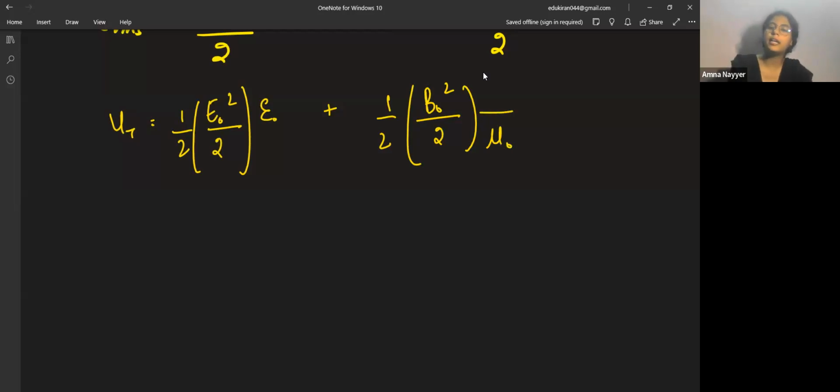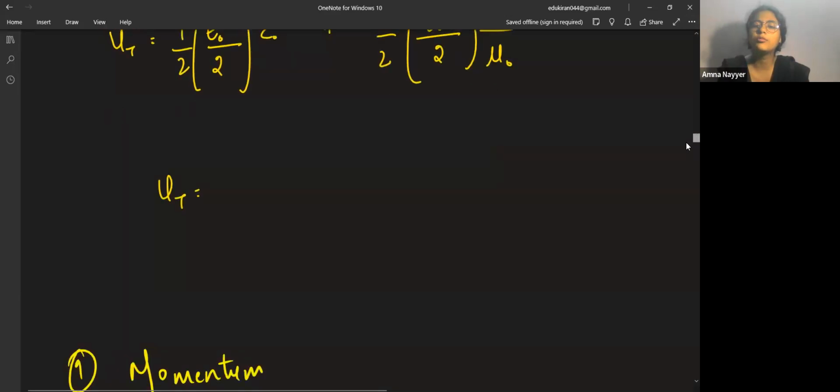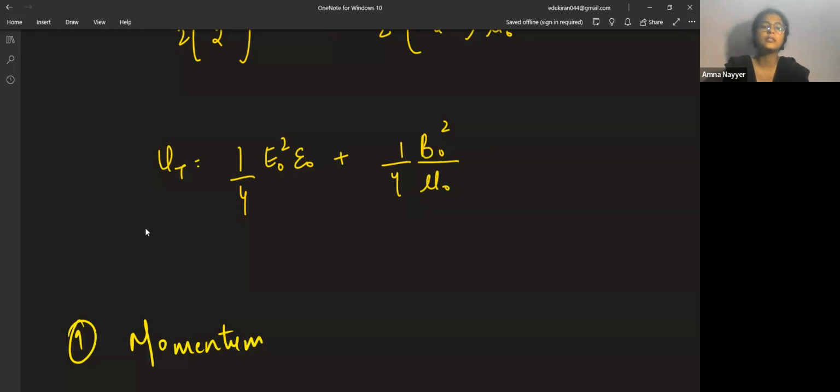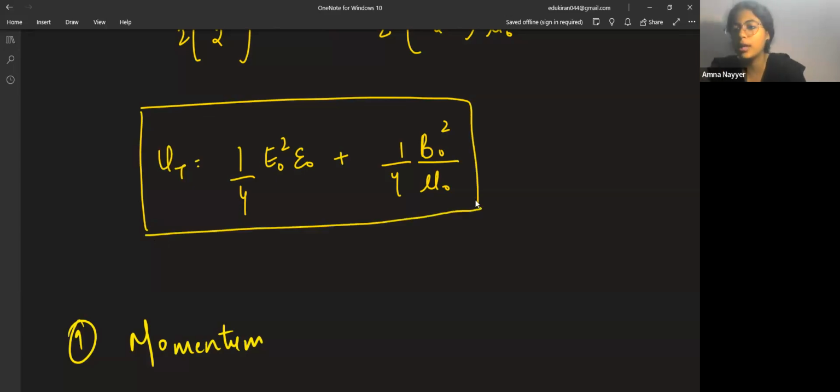Fine, this is how we'll write one. All right, so what is the final formula? Because most of the questions are given in terms of the peak value, that's why we are writing this separately. This becomes 1 by 4 E naught square epsilon naught plus 1 by 4 B naught square divided by mu naught. That's it, what you have to remember. This is the main total energy density which you have to remember.